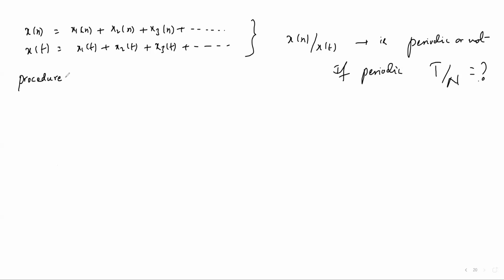The procedure to find this answer: first step, you calculate the time periods of all individual signals T1, T2, T3, and so on. Determine all the values first.